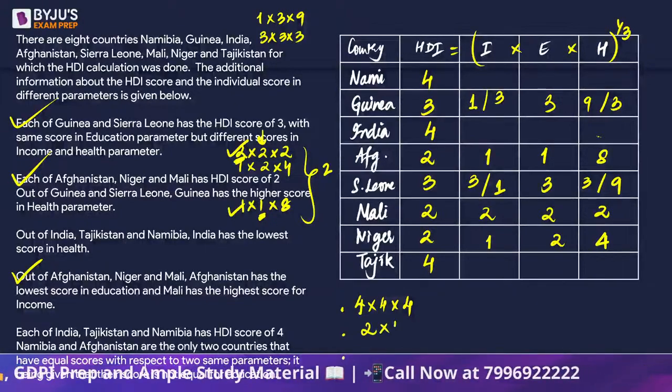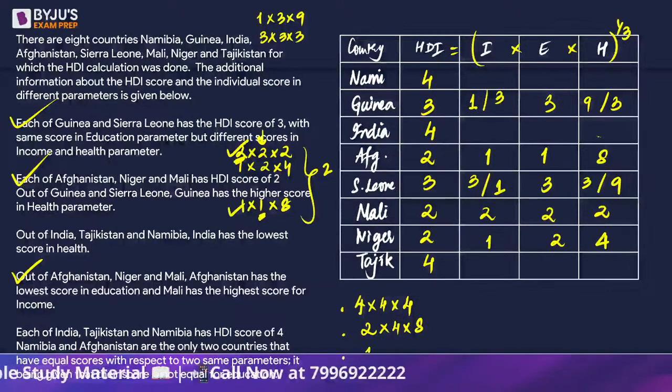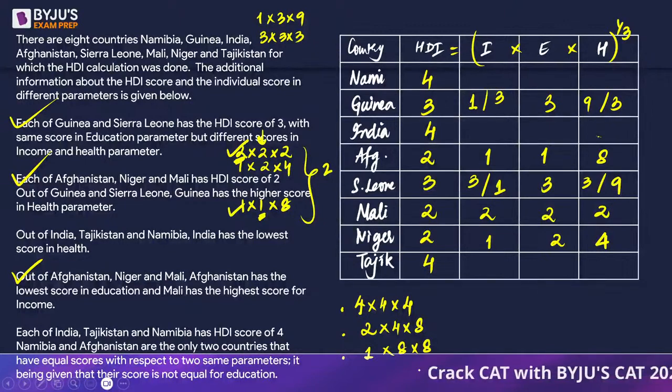Next we can have is 2 into 4 into 8, 64. And next one we can have is 1 into 8 into 8. This is also 64. Is there any other possibility? Well, if I take 2 into 2, that is 4, I will need a 16. We can't have beyond 9, right? So, यही 3 cases हैं.